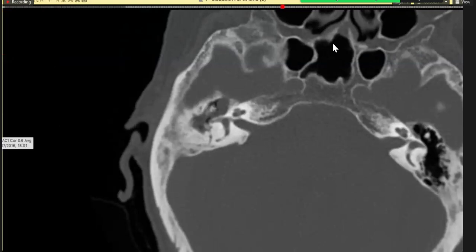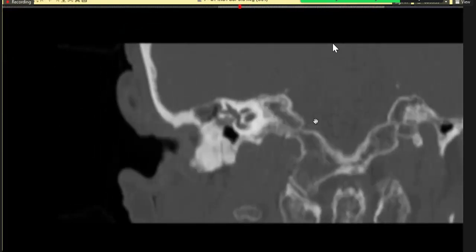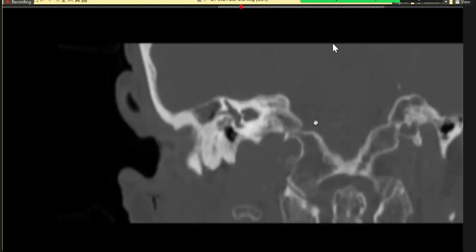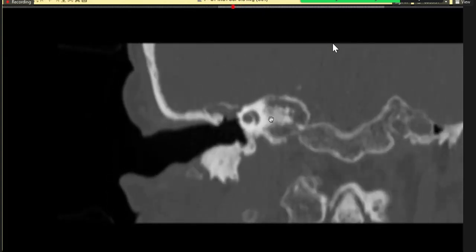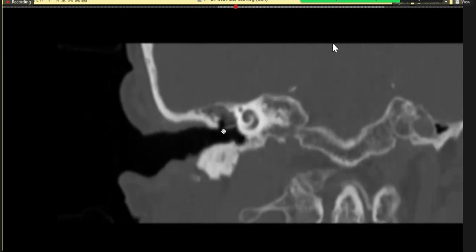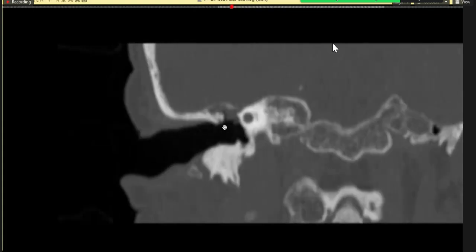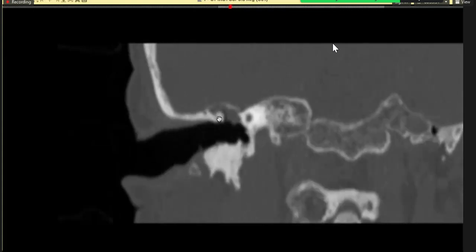So I go to a coronal, and on this coronal, see what is happening. Now, first of all, this is the external auditory canal, this is the mesotympanum, and this is the hypotympanum. All of the opacity is not sitting in the epitympanum, in the classical Prussak space.